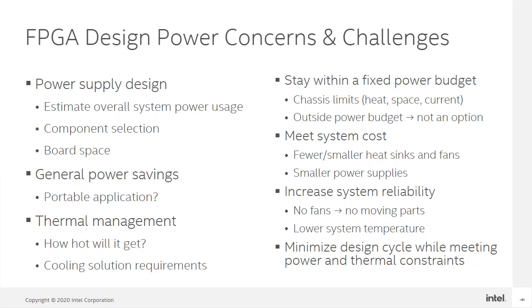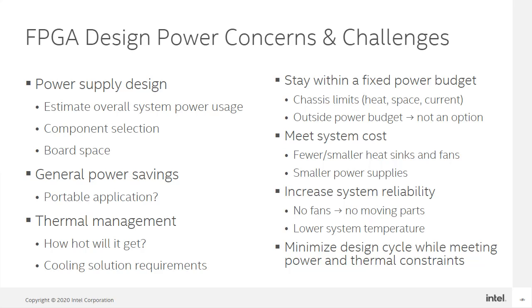There are many challenges regarding power when creating such a design. Early in the design flow, it's necessary to estimate system power usage to determine power supply and cooling requirements. This can be difficult to do, especially with an FPGA design that can change just by reprogramming the chip.